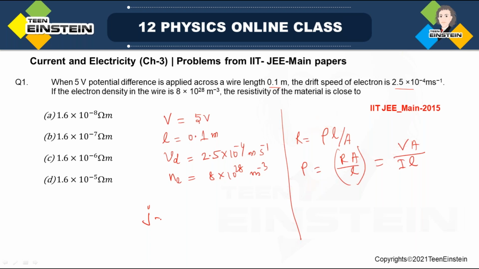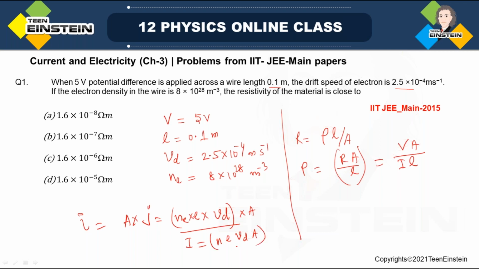We know current density is equal to N E Vd, where N is the number density of electron, E is the charge, and Vd is called drift velocity. If you multiply by area, then you get current. So in place of I I will write N E Vd into A.